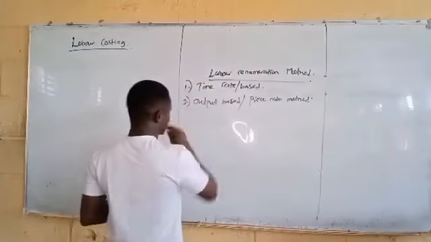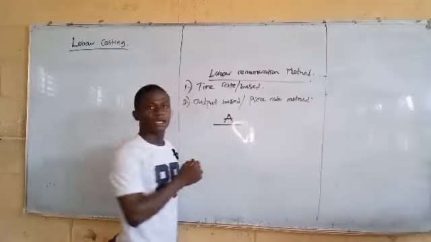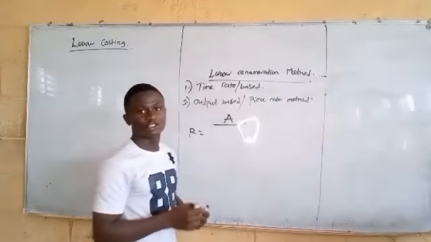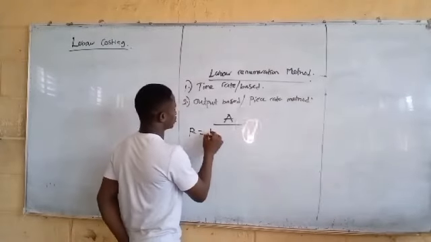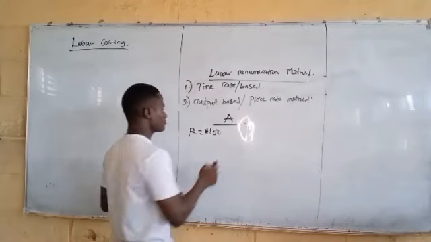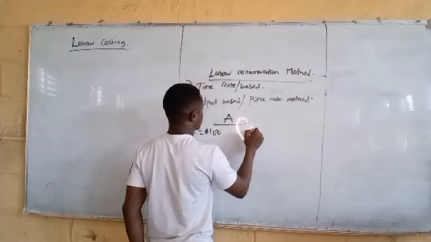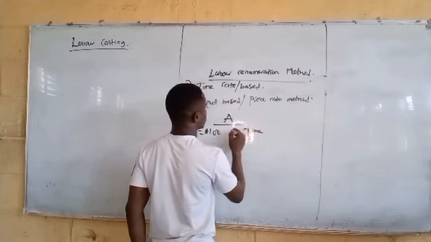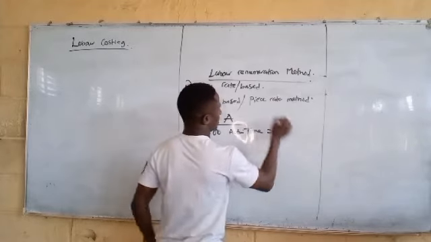Now, for example, this is employee A, worker A, and you'll be given the rate per hour. Let's say the rate per hour for employee A is 100 Nigerian naira, and A worked for, let's say, 10 hours actual time.